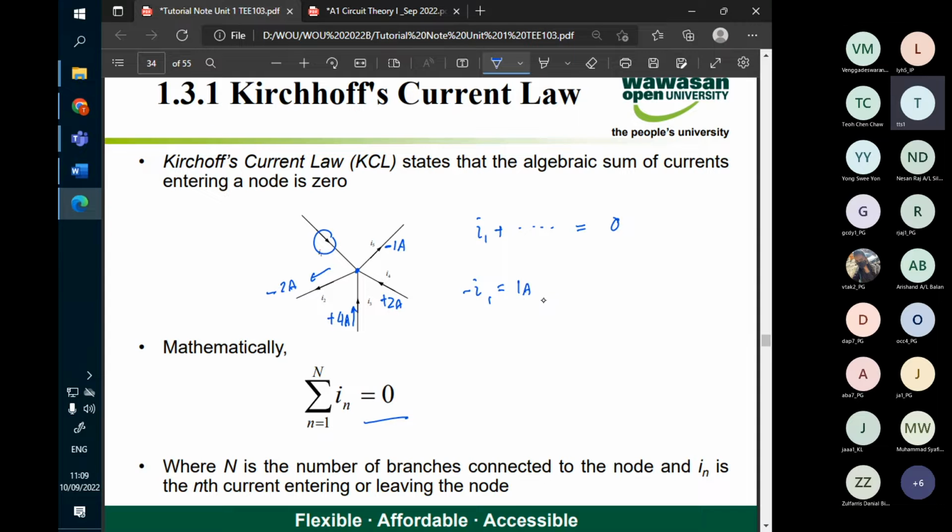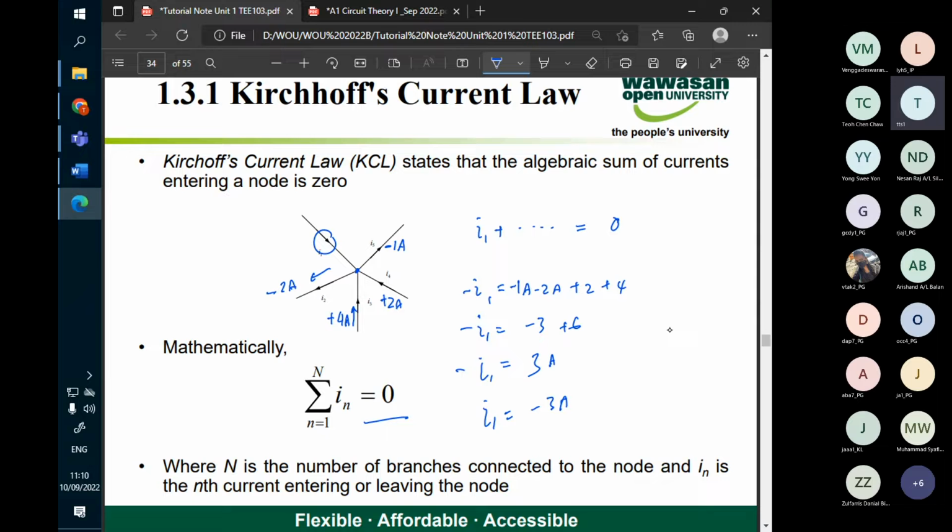Let's put them in the equation. 1A going out is negative, another going out is minus 2A, and the ones going in are plus 2A, plus 3A, plus 4A. So I1 equals minus 3A.